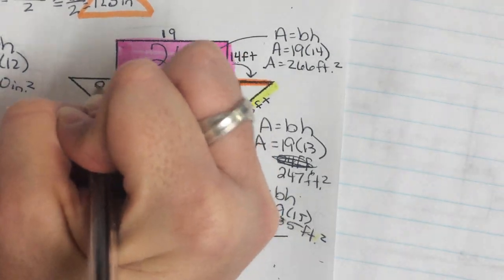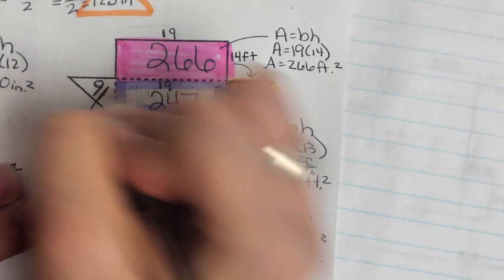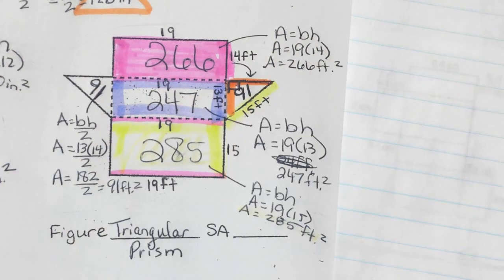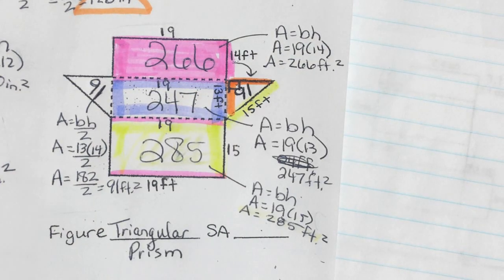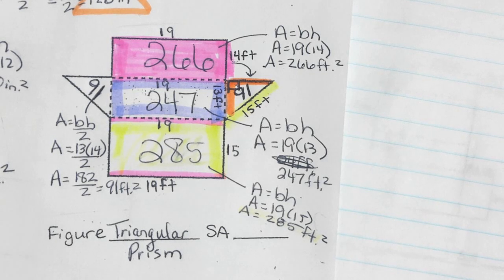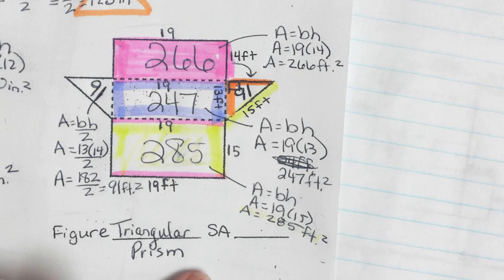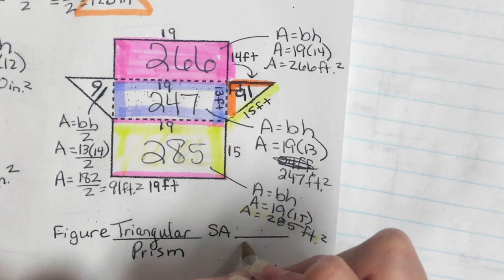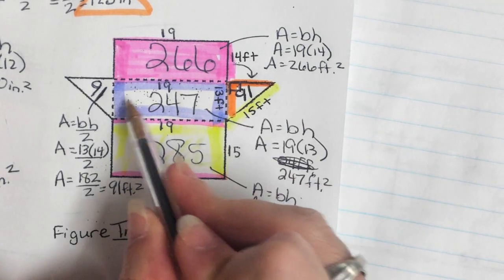Okay, so this one is 91. This one is 91. What'd y'all get? 91. Wait a minute, 91 for the triangles.